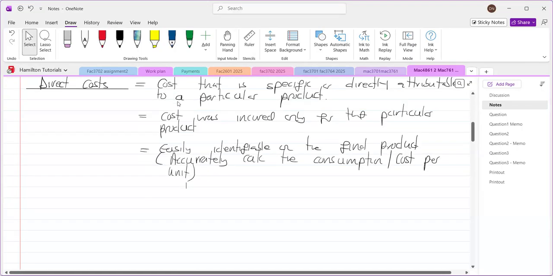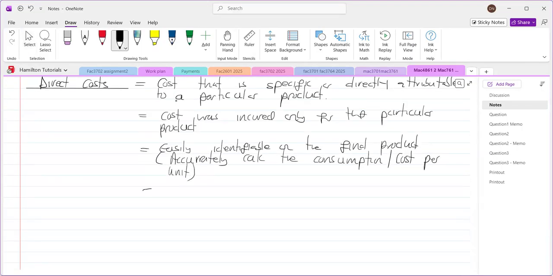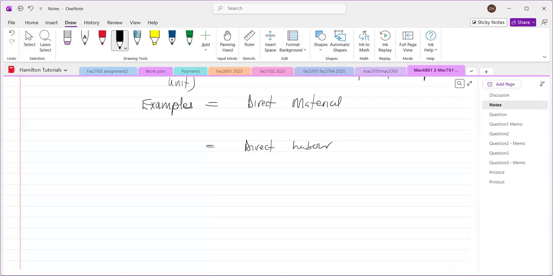So let's list some examples of direct costs. So we normally have direct material. We have direct labor. We can also have direct overheads.